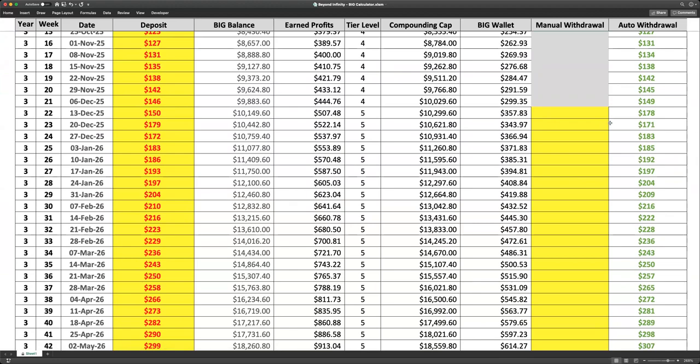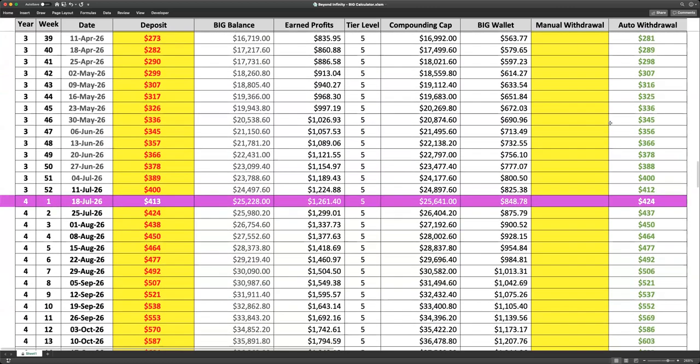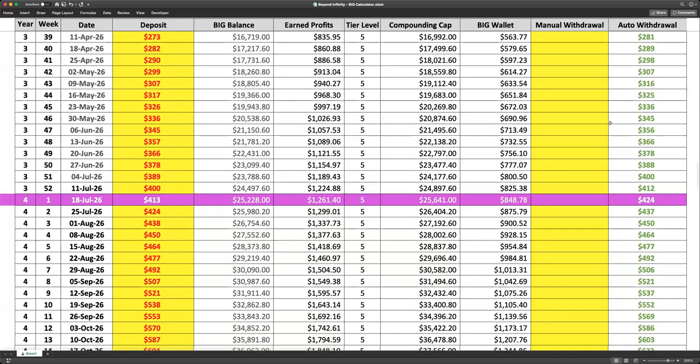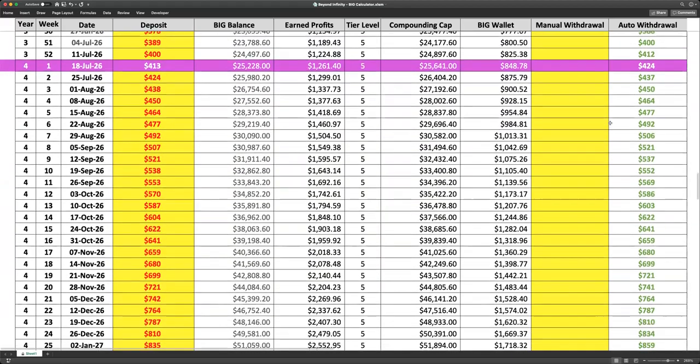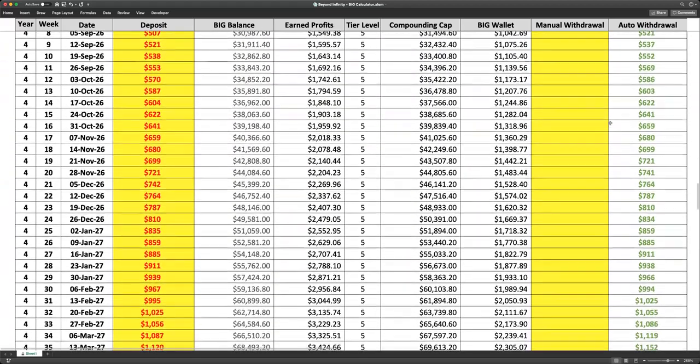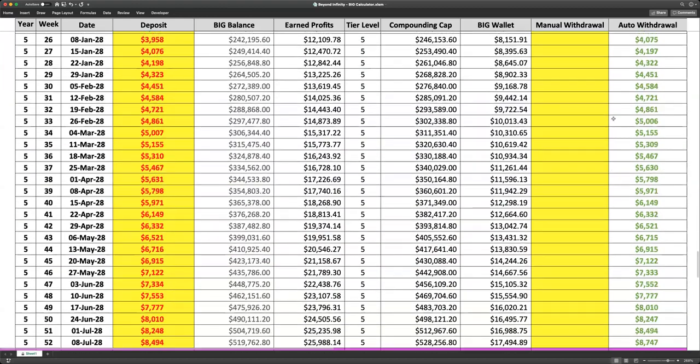Just little changes like that, just little things. I've played around with compounding earning calculators for years and years, and I know the power of these and what happens if you take too much money too soon. Let's go look at the bottom line here.